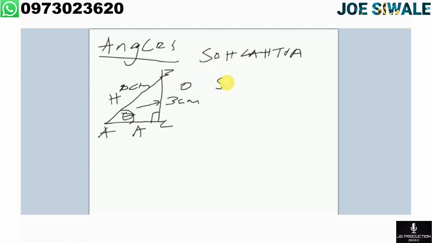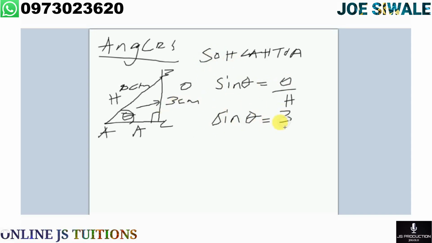So I'll say sine theta is equal to opposite over hypotenuse. Sine theta is equal to, my opposite here is 3 centimeters, so I'm just going to write 3 divided by my hypotenuse here, which is 8.